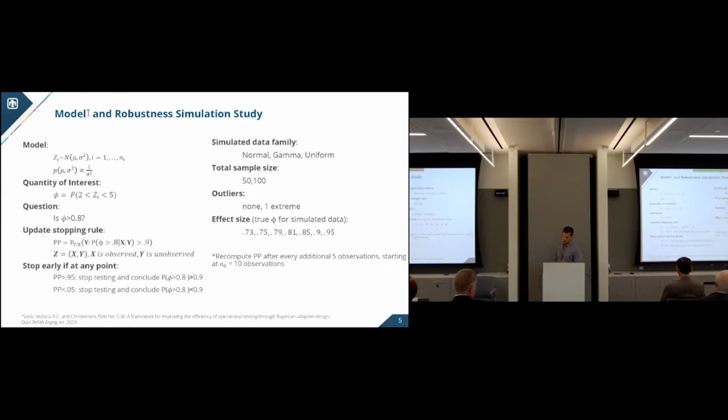So some of the technical details of a simulation that I ran, it's a very simple model. The thing we're actually interested in is a reliability requirement. So, what's the likelihood that your widget or whatever is within spec? What's that probability? I'm saying that I want my reliability to be at least 80%.